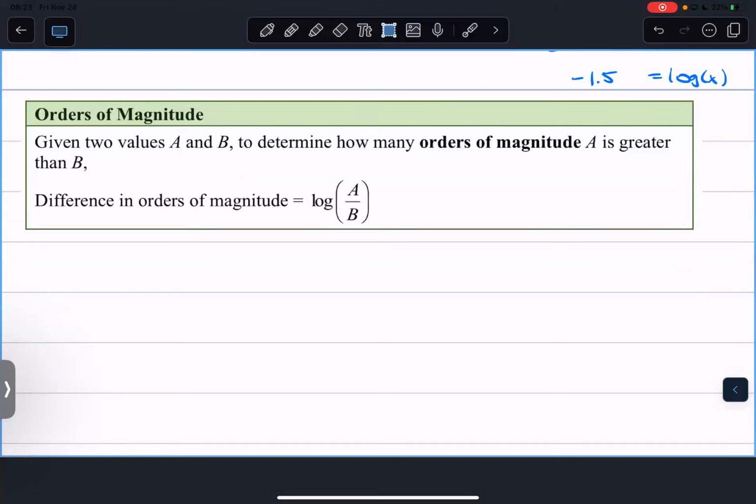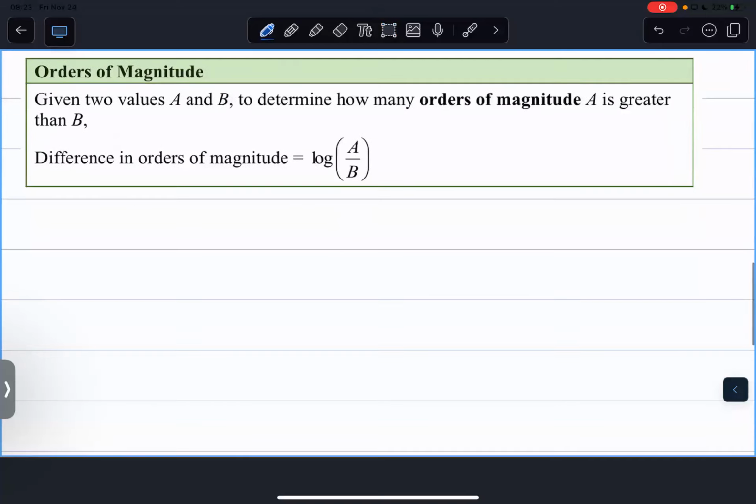So if we have two values, A and B, when we talk about their order of magnitude, which I've heard Allison say a bunch of times, so I know it's a thing that you have to deal with. What it means is, if I have A as, let's say, 10,000, and let B be, I don't know, 100.